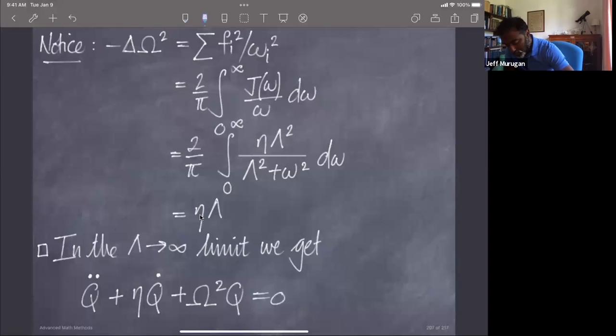Only now we understand perfectly well where this q dot term is coming from.